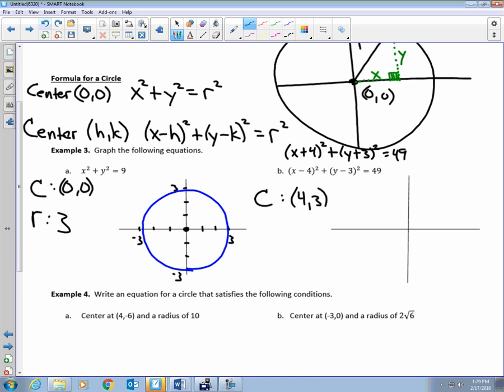So it's opposite of what you see. Everybody okay with that? So then what I need is the radius. What is the radius?